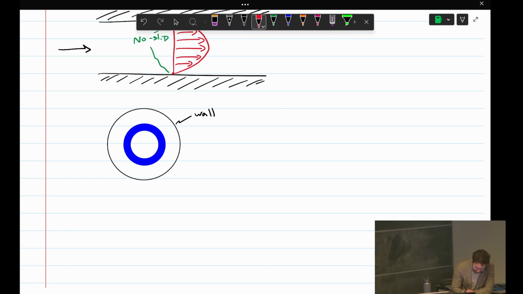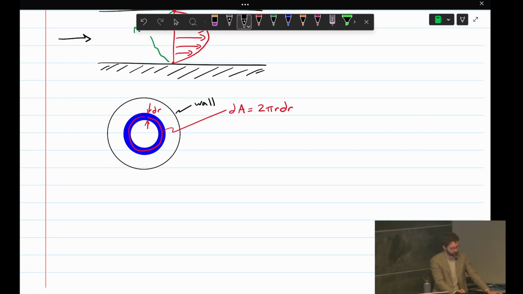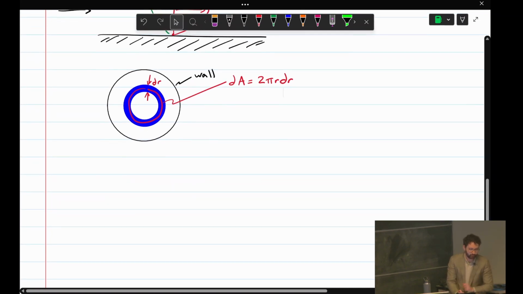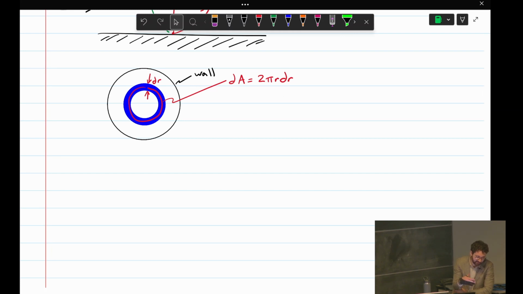Okay, so the area of that circle there, this is going to be a very thin element. I've exaggerated it here, so we don't need to consider this as the area of a circle. The area of this we'll call dA, and that's basically the circumference of this times some differential dr. So the dA there is 2 pi r dr. Okay, so we can now integrate our velocity distribution to get our mass flow rate over this cross section.